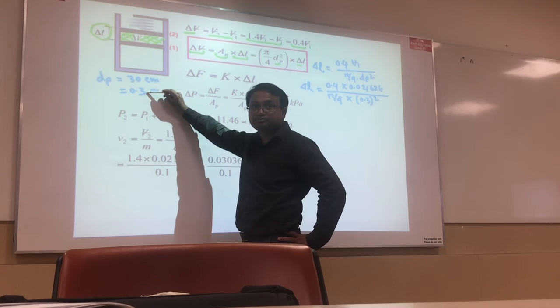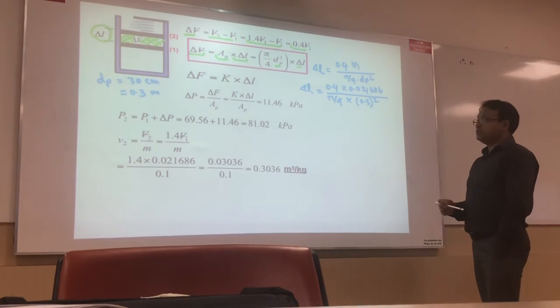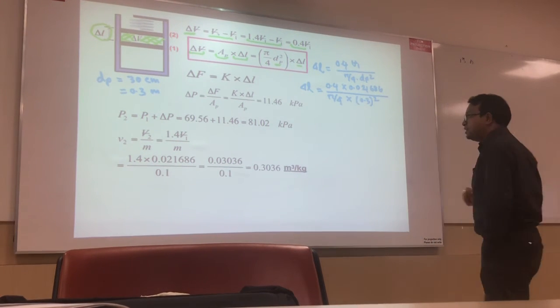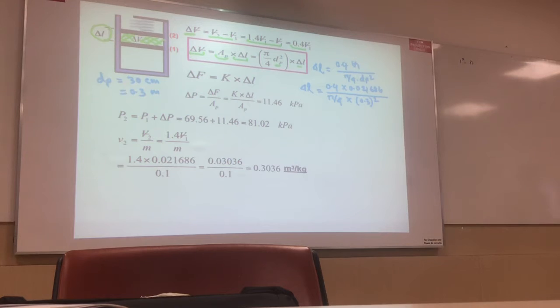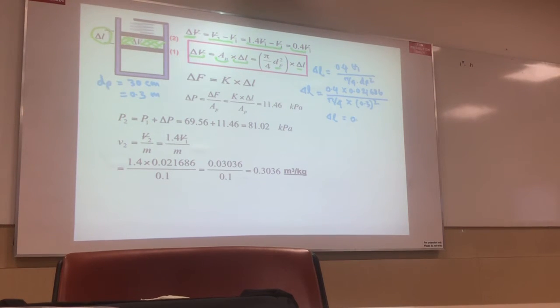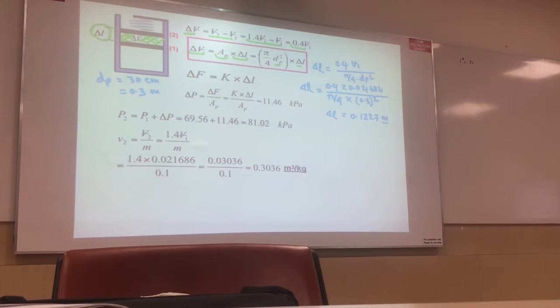Very important, all should be SI unit, so length must be in meter. Then finally delta L becomes 0.1227 meter.